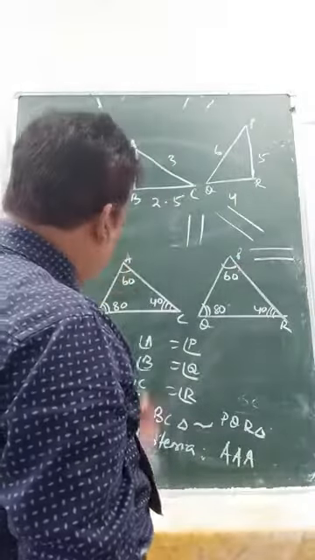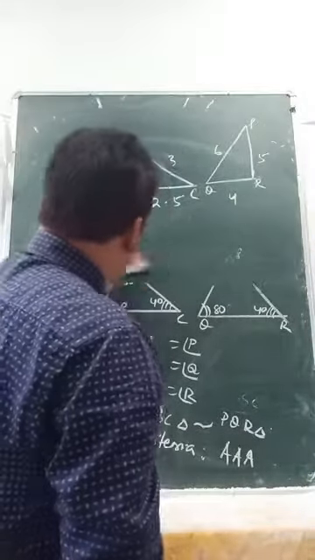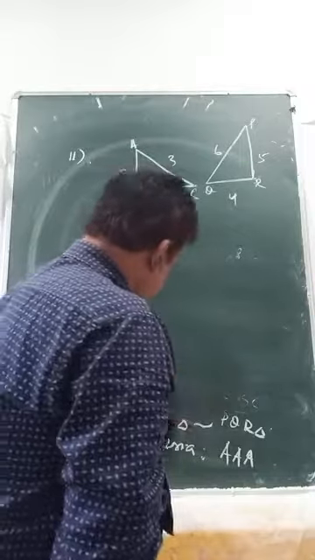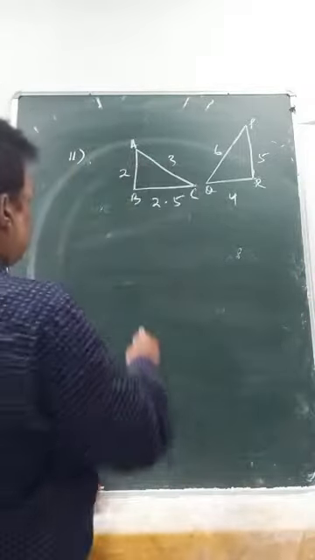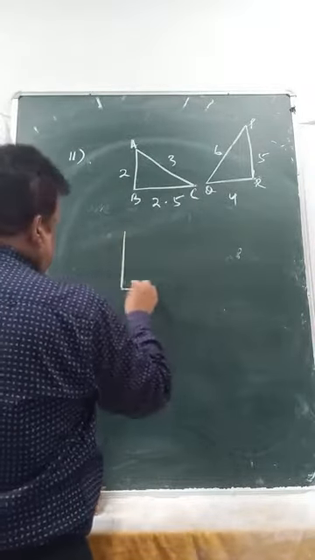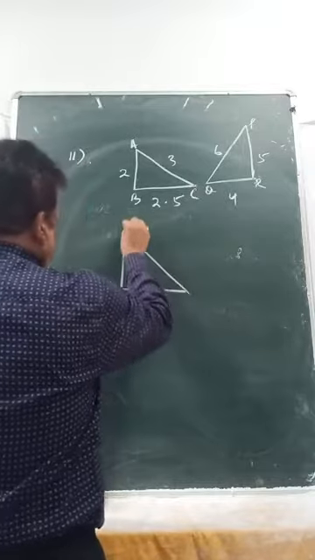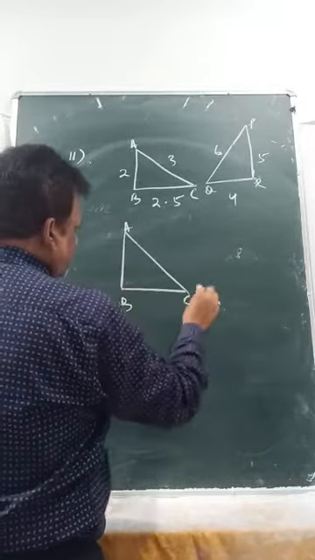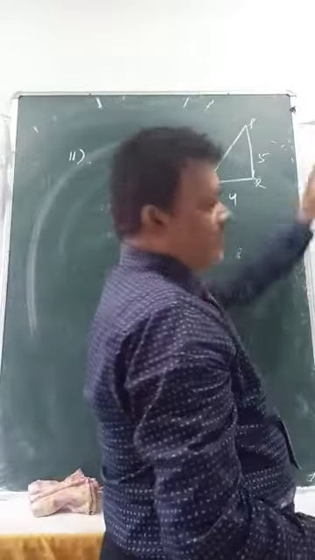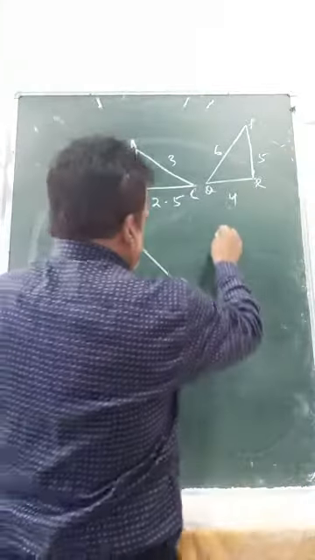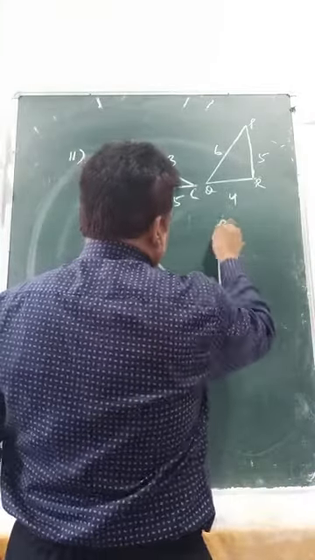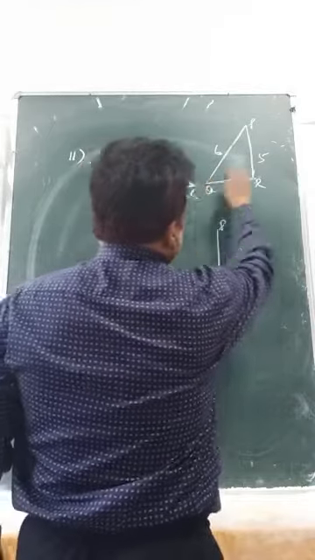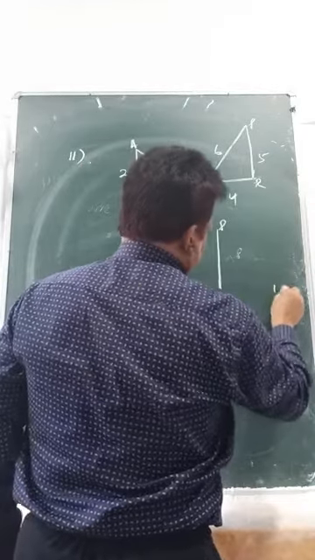So how to know? What I can do is, if you get a confusion, then you write this is our ABC. Turn it that side. Turn means this will be PR. Q will go that side, Q point will come here.